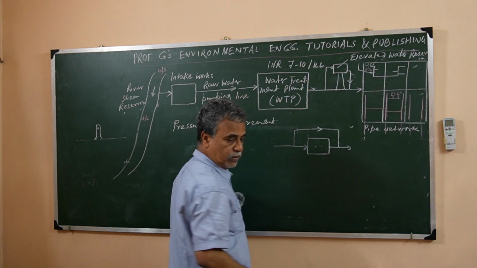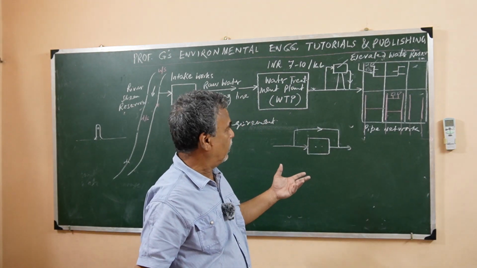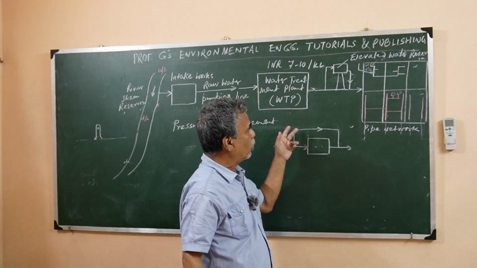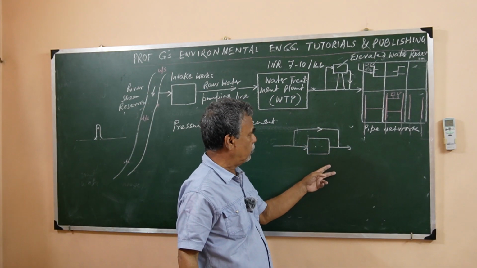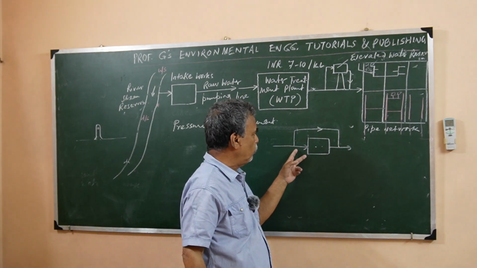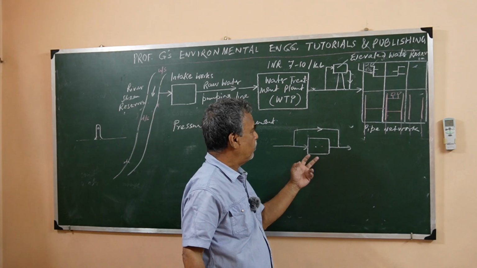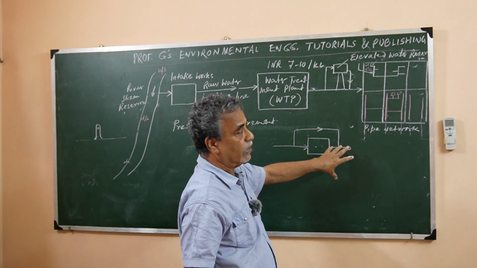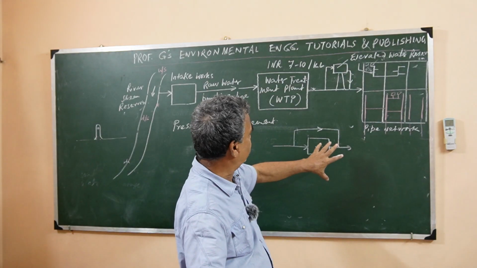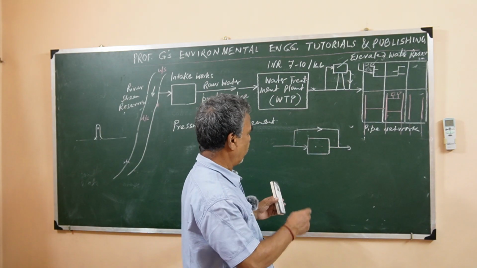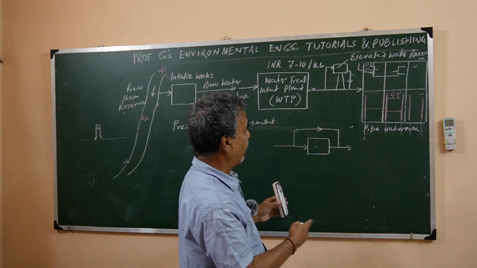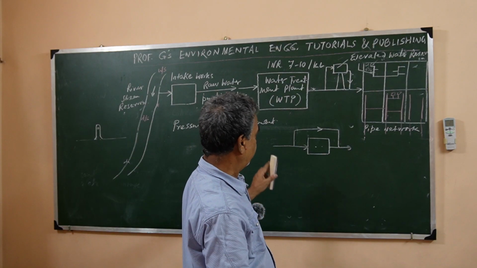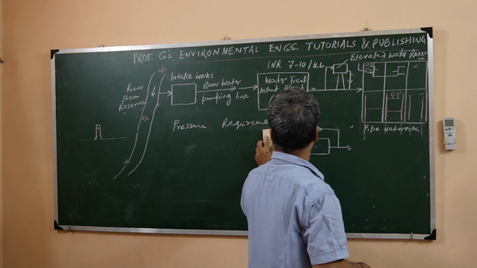So three options are there: either through the reservoir, or continuously to the consumer, or both in parallel. So this is the system for the water supply to the consumer's end, the distribution system. So this is the pressure requirement.